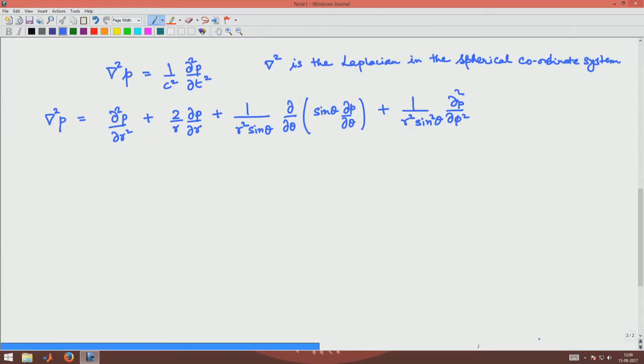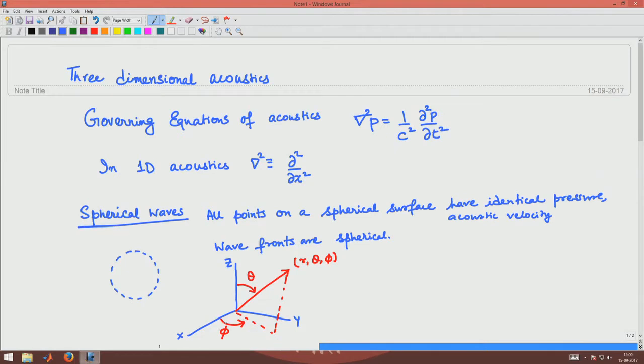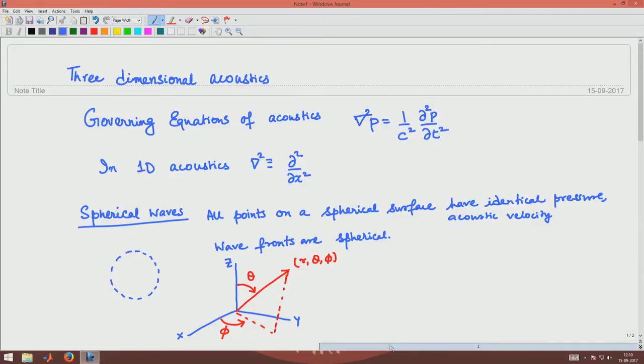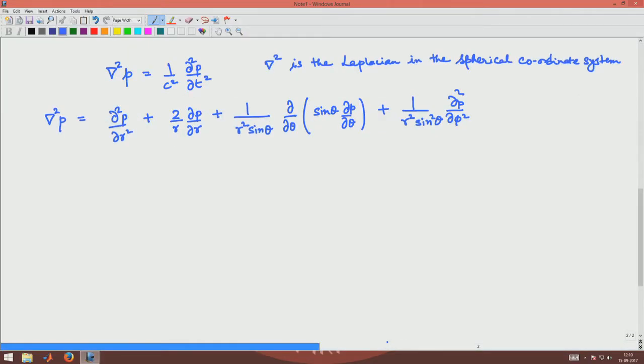Now, going forward we realize that we are looking for a spherical wave solution, which means there is absolutely no dependence on the angular variables. All points on this sphere will have identical acoustic pressure, that is after all the definition of spherical waves, and therefore, if all points have got to have the same pressure distribution at a particular radius, it cannot have any dependencies with the theta variable or the phi variable.